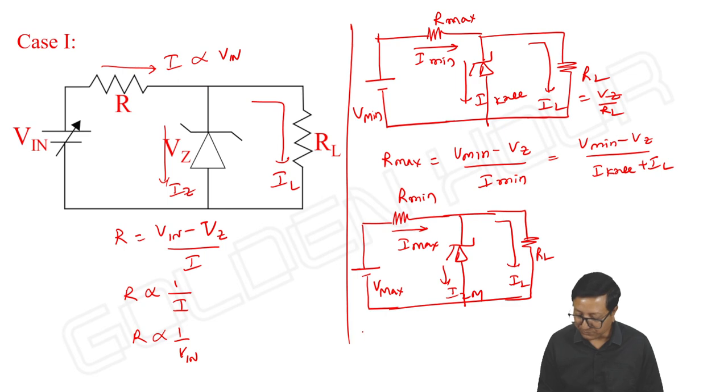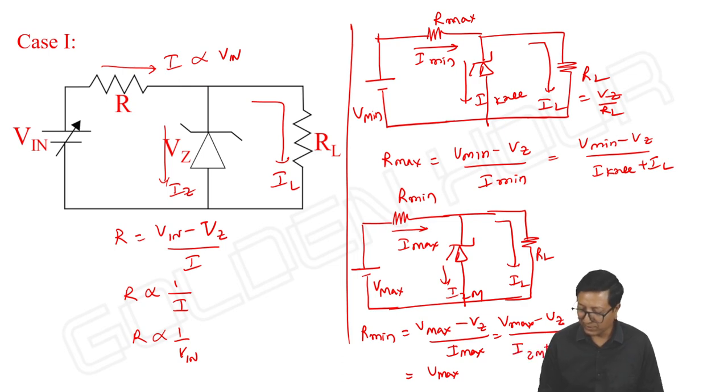So R minimum is equal to Vmax minus Vz by I maximum. It is Vmax minus Vz by Izm plus IL. That's it. So very simple thing. First case.